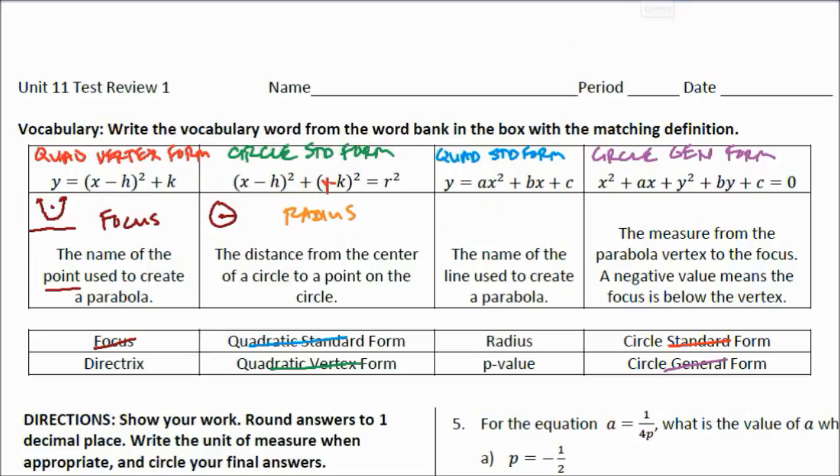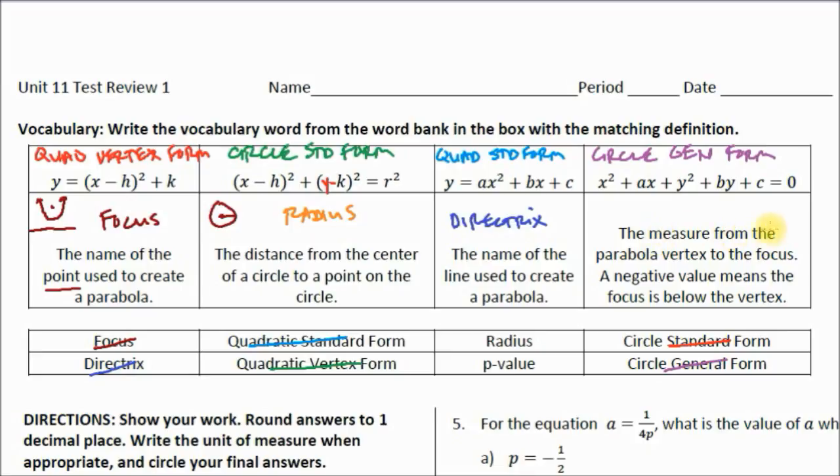Alright, let's see here, next one. The name of the line used to create a parabola. Well, look at our diagram. We have a point called the focus. This line is called the directrix. Let's see if our last one matches up.